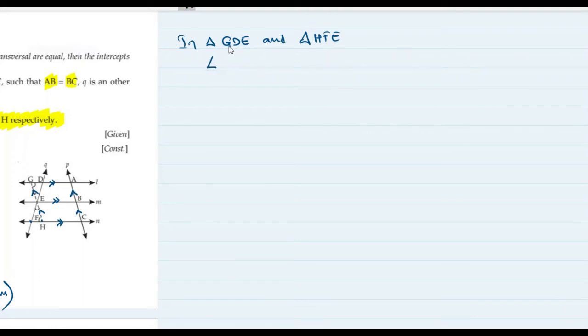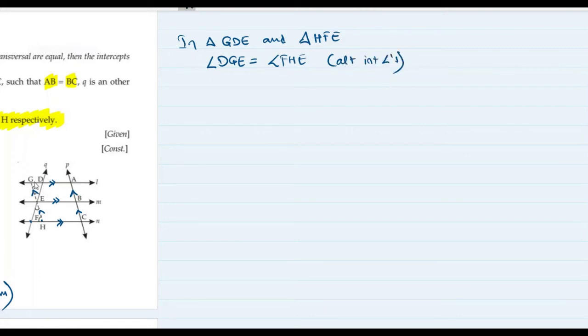Angle DGE is equal to angle FHE, alternate interior angles.